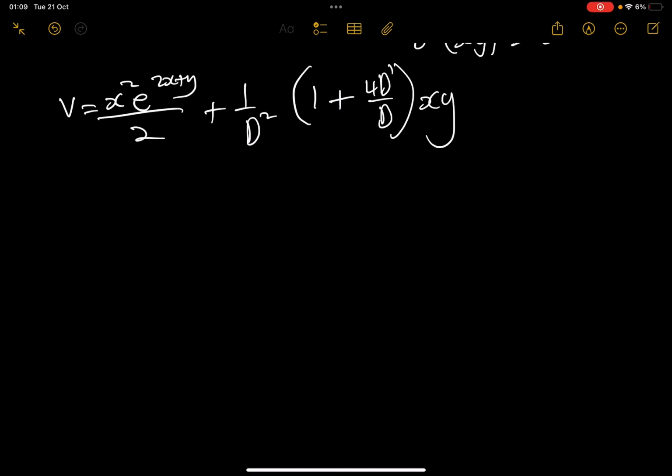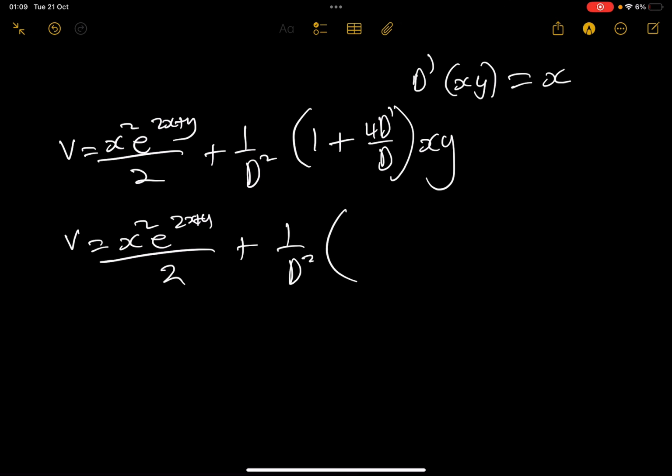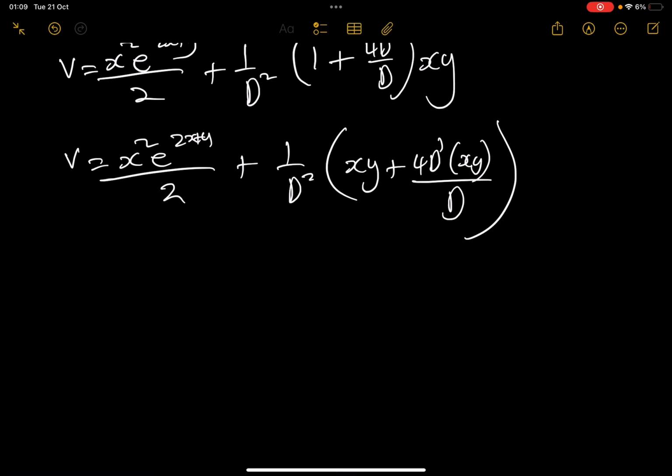So now let's further simplify these parts. How do you simplify that part? First of all, let's multiply xy by everything that is inside the bracket. So we are going to get plus, this is 2, so we are going to get plus 1 over D squared of xy plus 4D prime xy over D. So let's evaluate 4D prime xy.